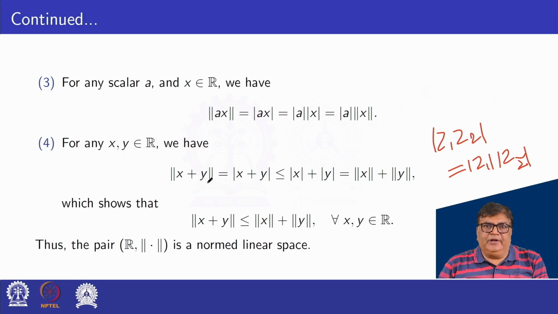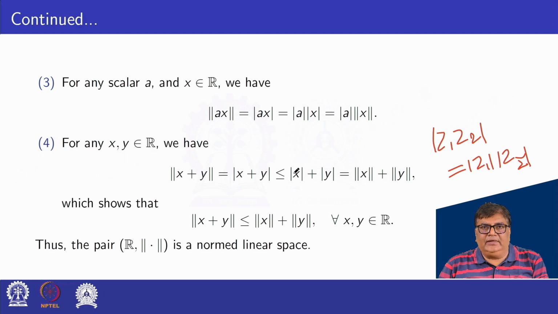Fourth, norm x plus y equals mod x plus y as per statement, and we know that mod x plus y is less or equal to mod x plus mod y. Here x, y belonging to R, that is vector.